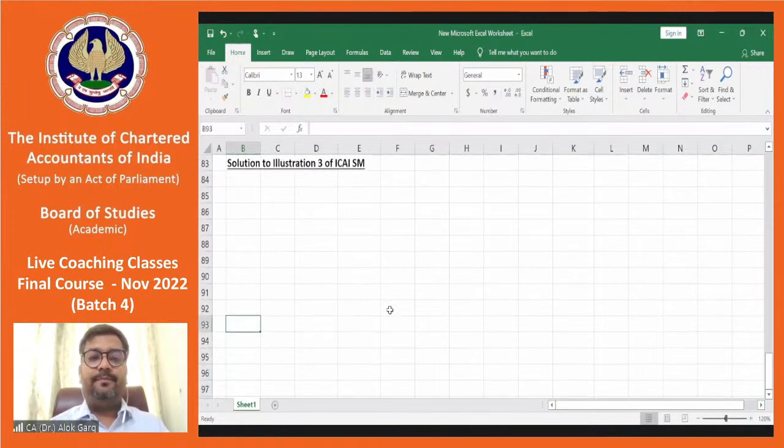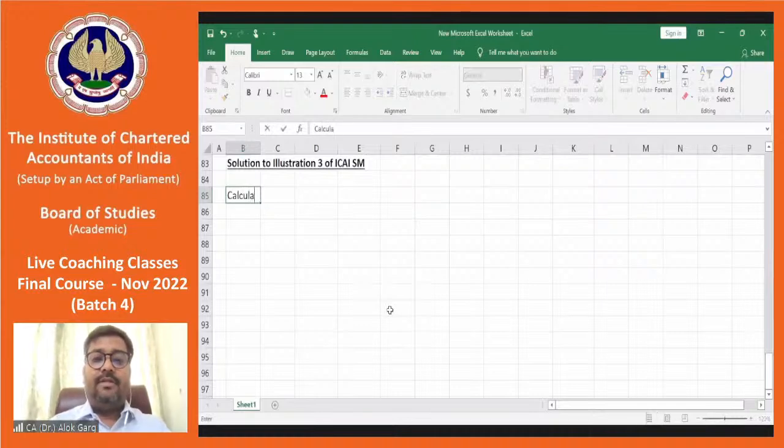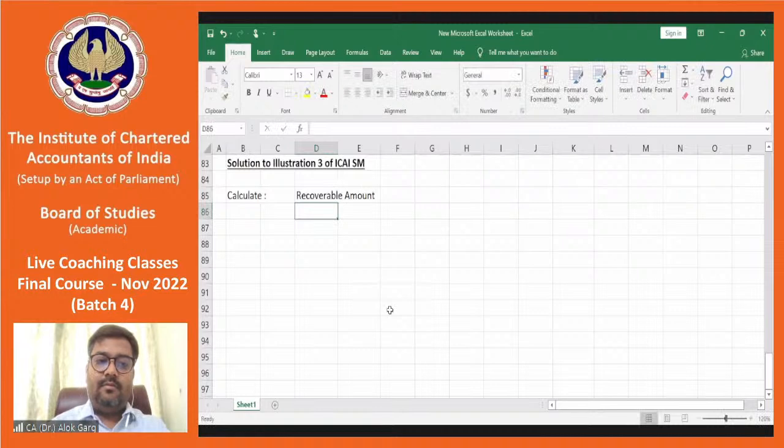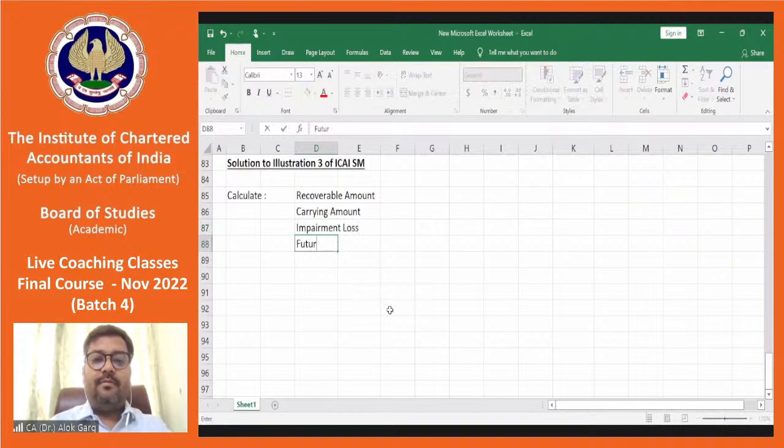So friends, in this question, there are 4 asks. Calculate recoverable amount, carrying amount, impairment loss, future depreciation.